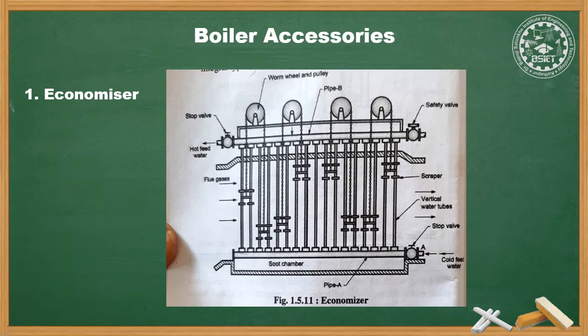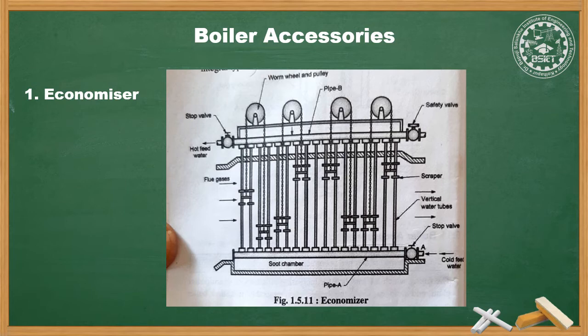In a boiler system, the economizer catches the heat of the flue gases and transfers it to the feed water. The process is simple. As the flue gases exit the boiler, they enter the economizer, which has fin tubes as shown in the figure.